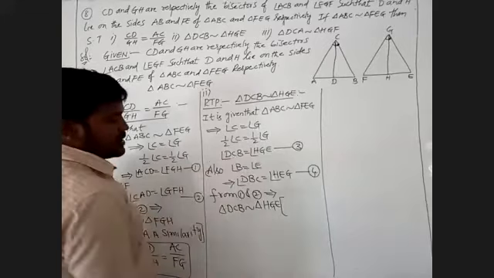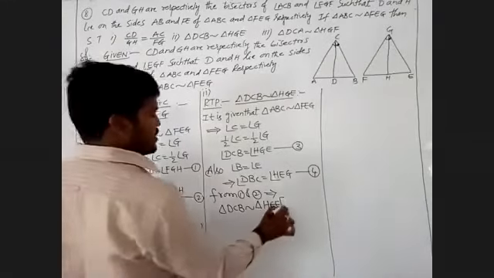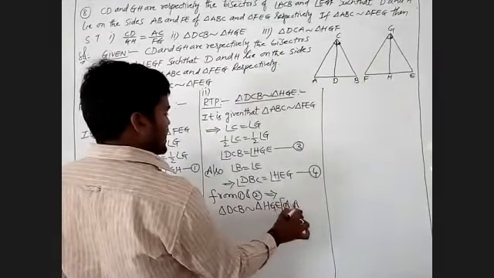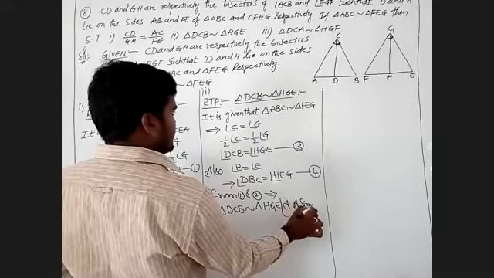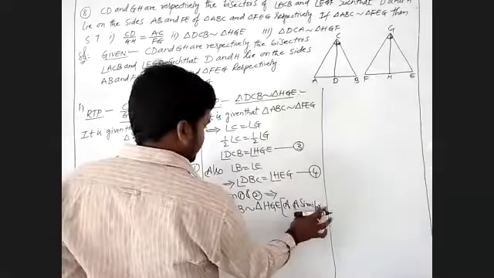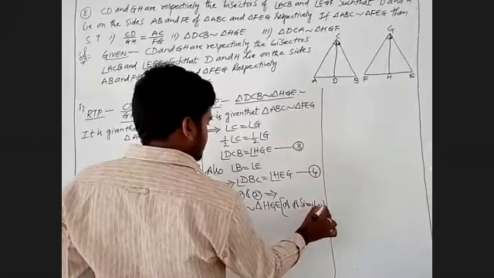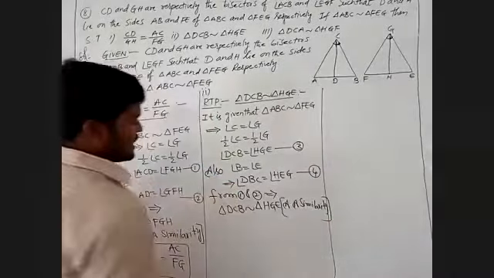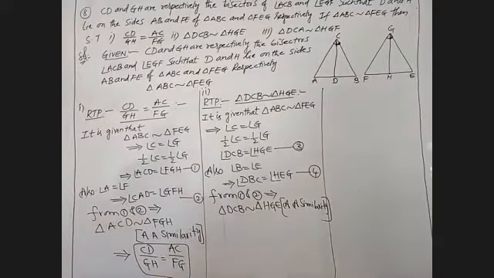Angle C is equal to angle B, so we will write AA similarity: triangle DCB is similar to triangle HGE.